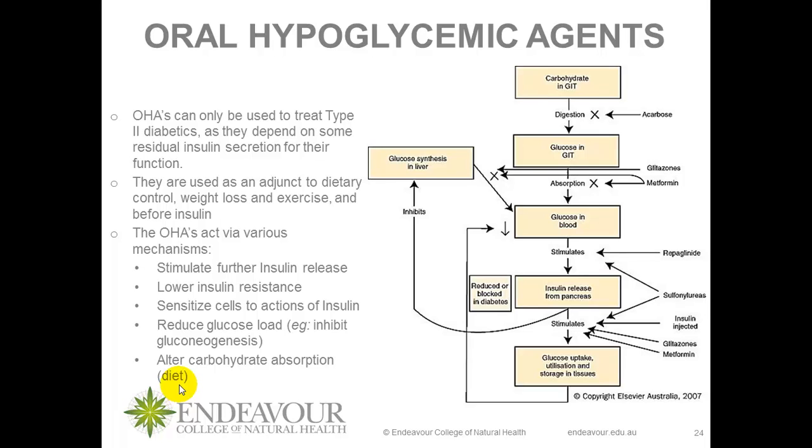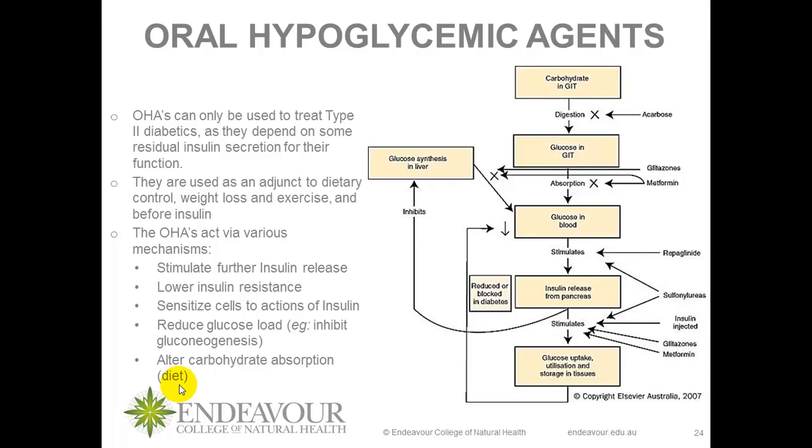So for a person who is on oral hypoglycemic agents, these are people that have type 2 diabetes. In addition to taking an oral hypoglycemic, they should be on lifestyle management and exercise and a dietary control program.